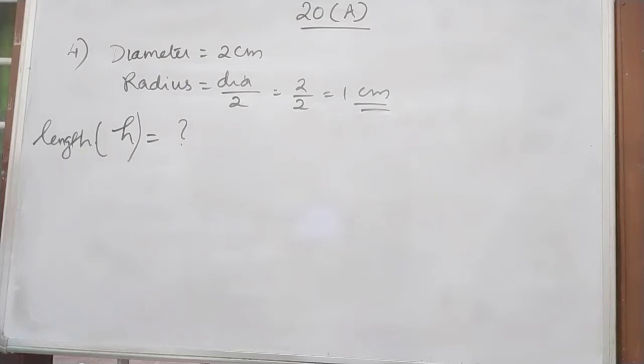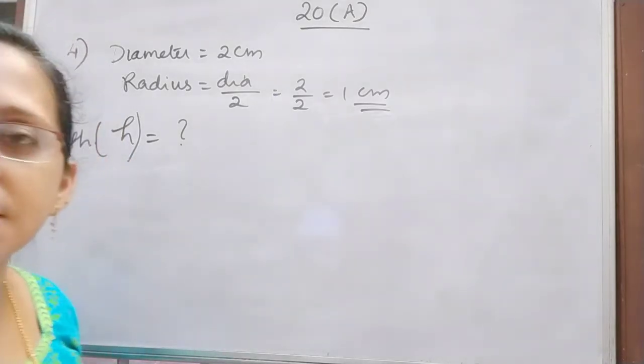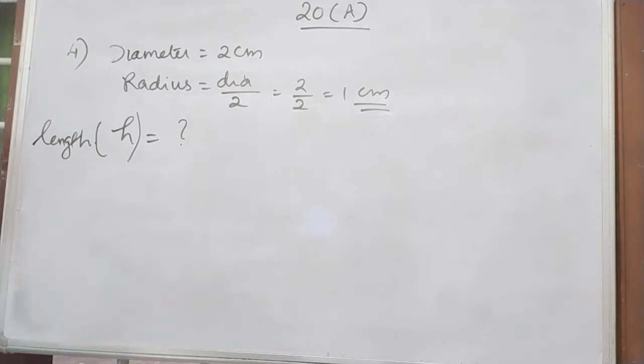What length of solid cylinder 2 centimeter in diameter must be taken to recast into a hollow cylinder. So that solid cylinder is recast and we are getting a hollow cylinder of diameter 20 centimeter and 0.25 centimeter thick and 15 centimeter long.